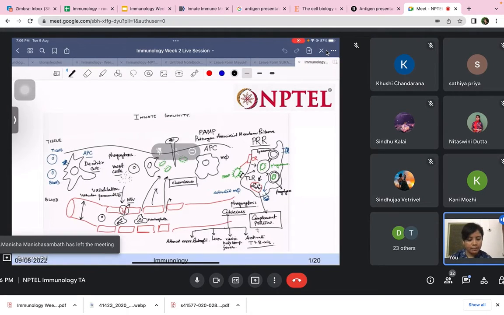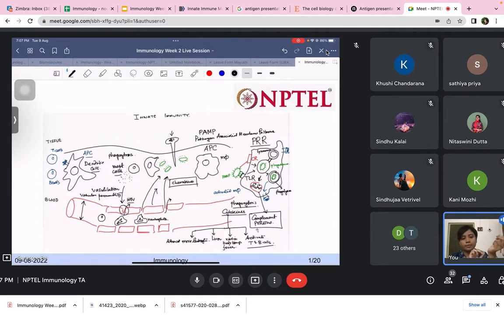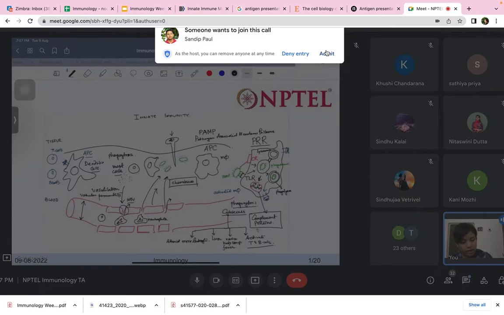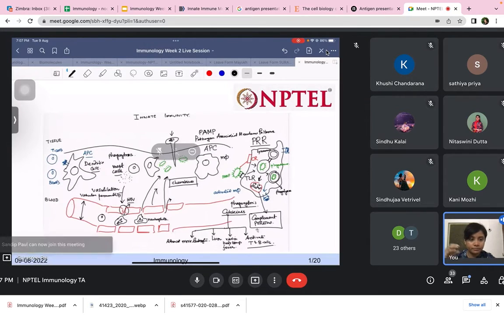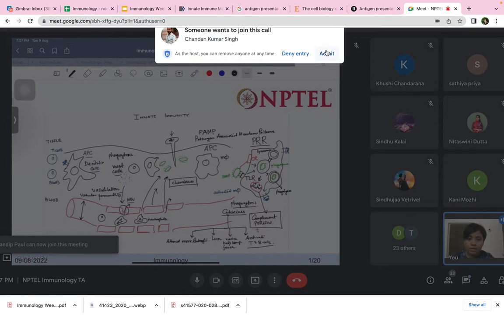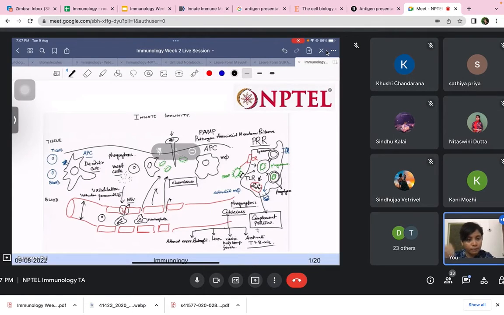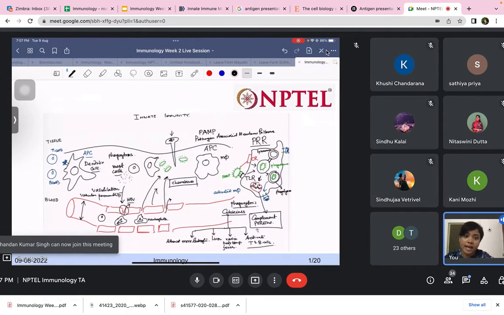For a brief summary, suppose this is a nail that pierces your skin. What kind of response begins? If this nail gets into your skin, some pathogens might also breach this anatomical barrier, right?